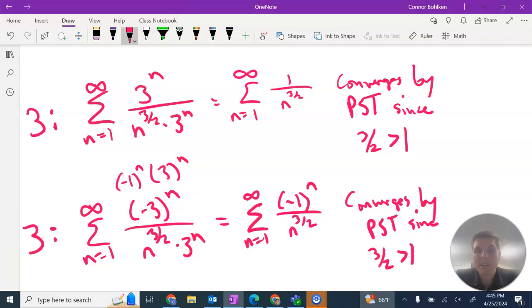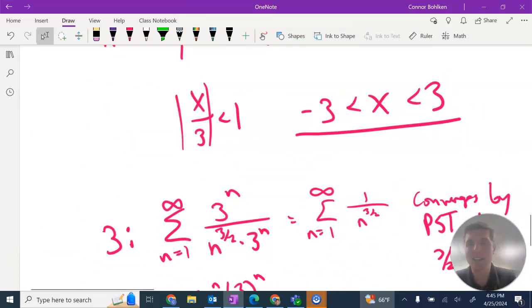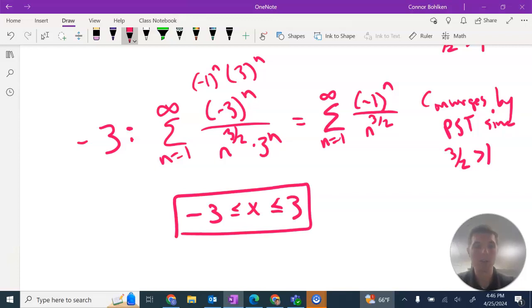So both of these converge. So that means my interval, instead of being -3 less than x is less than 3, I'm just going to mention this as the interior. So that when I write my final answer, -3 is less than or equal to x, which is less than or equal to 3, because both endpoints converged when I plugged their x values back into my series.